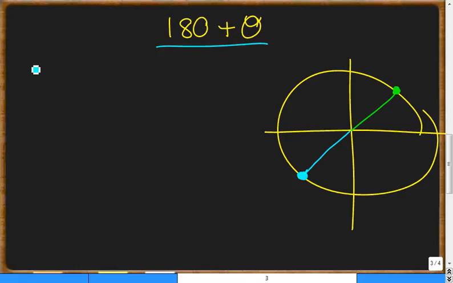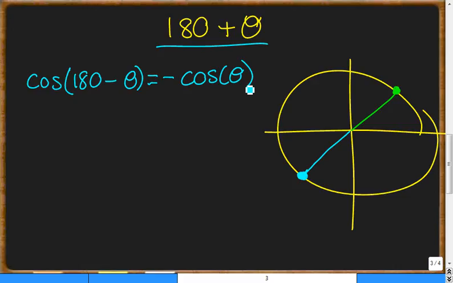So the cosine of 180 plus theta, excuse me, this is plus, is actually its opposite. The cosine is opposite. It's on the other side of the circle. That makes complete sense. It's going to have to be its opposite.